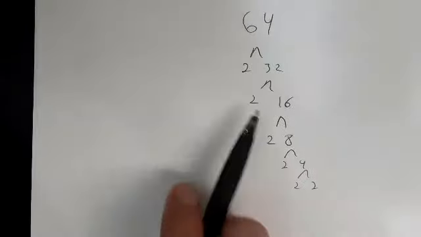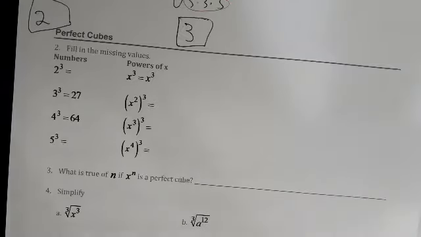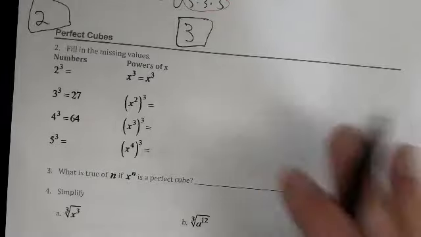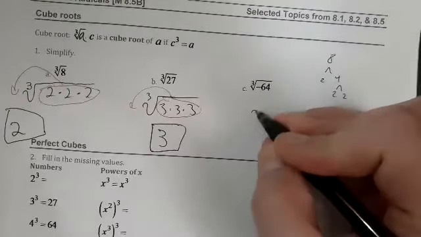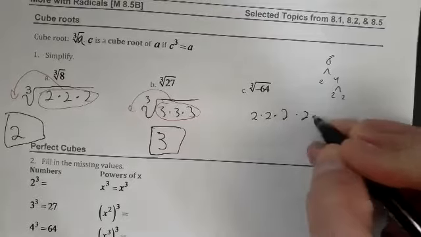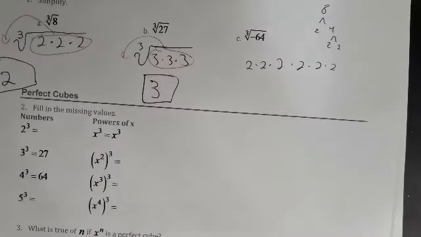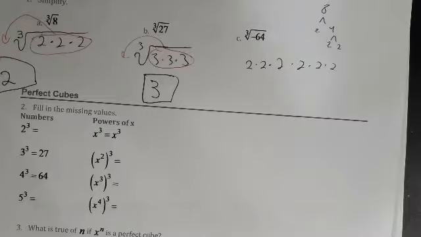So I'm going to have 1, 2, 3, 4, 5, 6 2's total.